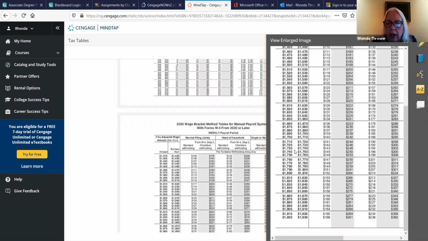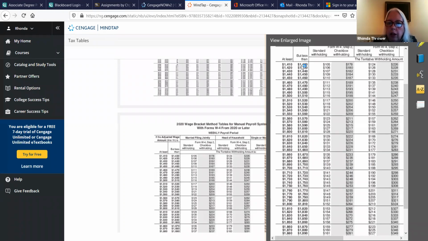This is in the second weekly table. You have to have at least that amount, but less than the next amount for your wages. So this is the second weekly table that I pulled up, and the amount was $1,775. I'm going to go down here, and it's in the bracket between $1,770 and $1,780. This person was married filing jointly.